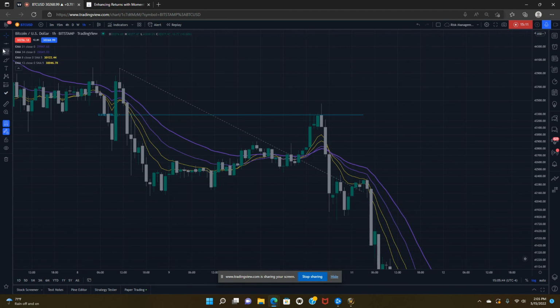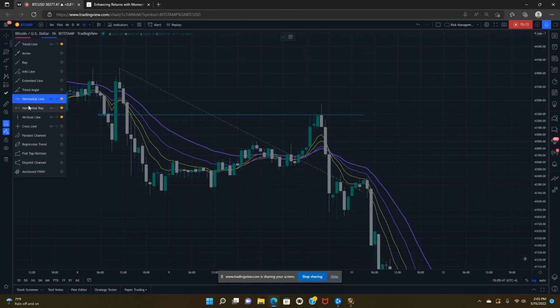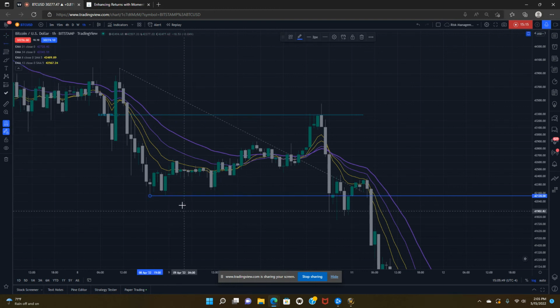I mean, you do get a reaction off there, right? So the people who are looking at this as support probably have their stop losses below here. So you see price comes down, runs the stop losses, and then retraces into the momentum, sells off.